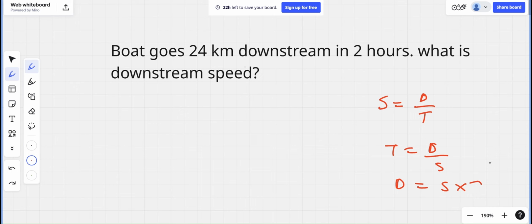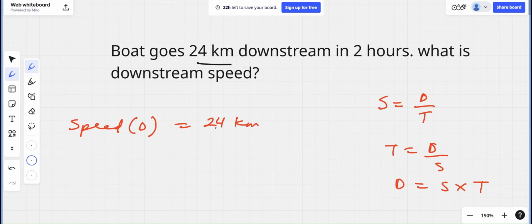Here it is multiplication, no more division. So these are the basic formulas of time, speed and distance questions. Now we know the boat goes 24 kilometer downstream, so speed downstream, you'll put like this: d is 24 kilometer.